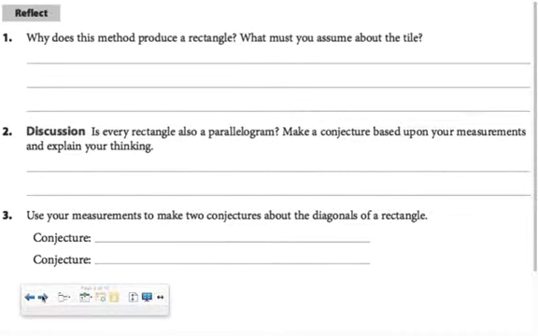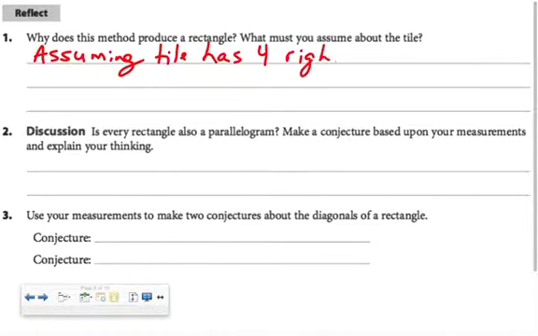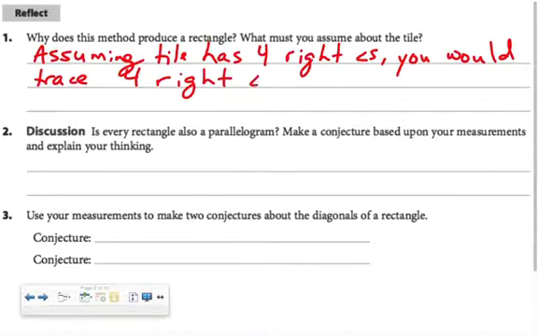Because I'm assuming the tile has 4 right angles. You are tracing right angles to create this figure.